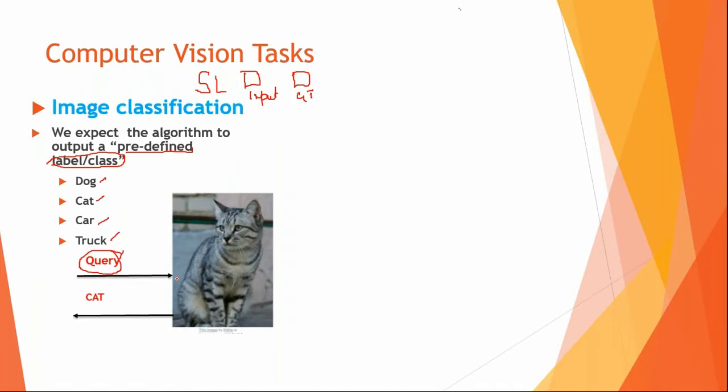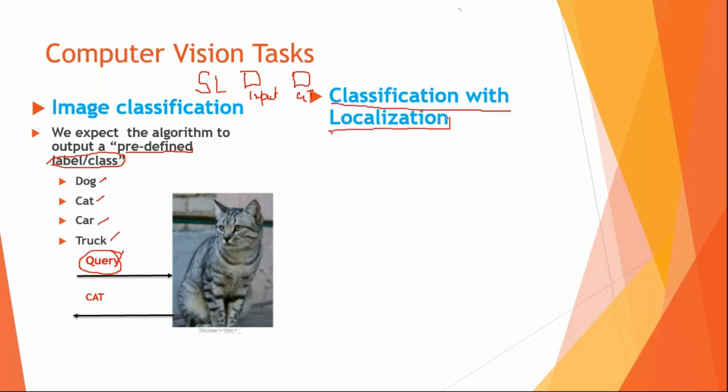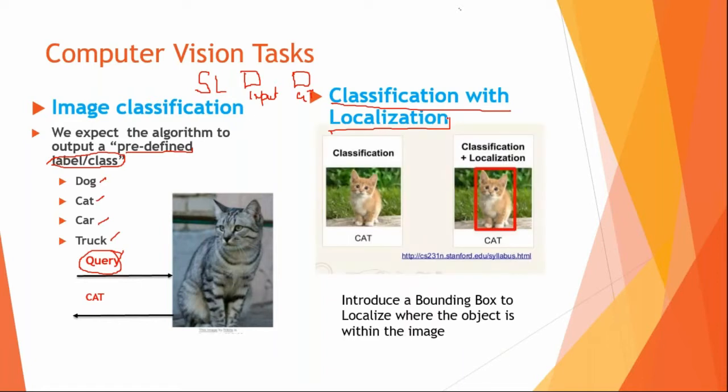Then slowly the task moved to the next step, where you have classification plus localization. This is the second thing that started off. Here, they know this particular image is a cat, but they wanted to localize, which means find out where in the image this cat is.